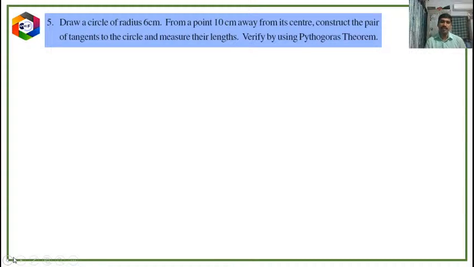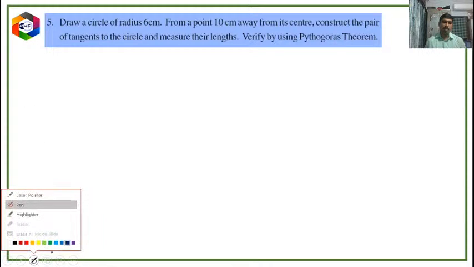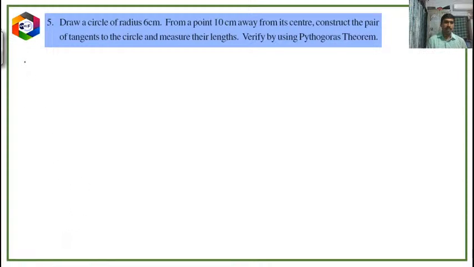Draw a circle of radius 6 centimeters from a point 10 centimeters away from its center. Construct a pair of tangents. Pair of tangents means both the tangents. What is given in the question is the distance from the center, D is equal to 10 centimeters.